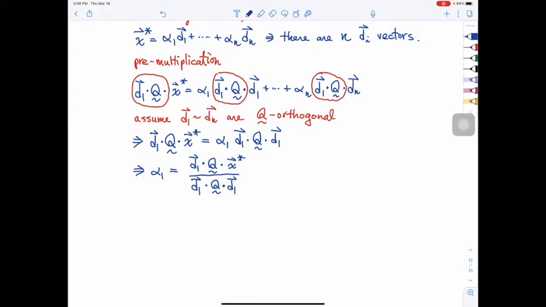But this is not the end, because we don't know x star. The goal is to find x star. In this equation, it's impossible for us to know the optimal. If we knew the optimal, it would not be necessary to do optimization anymore. So obviously, this is not the end.